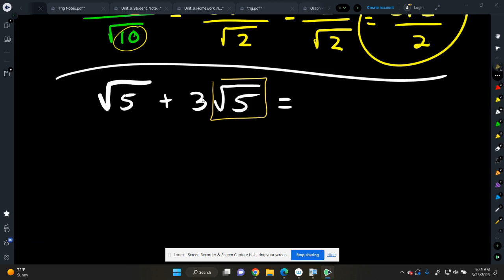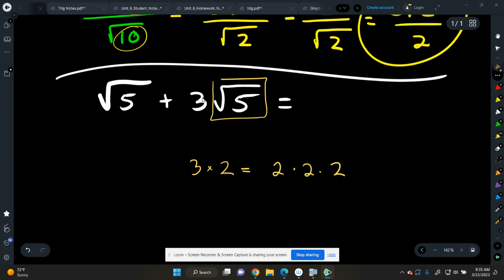You probably forget this because you learned it in second or third grade: 3 times 2 means I have that 2 three times.